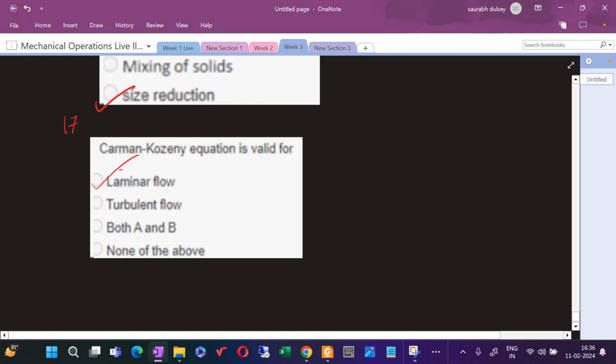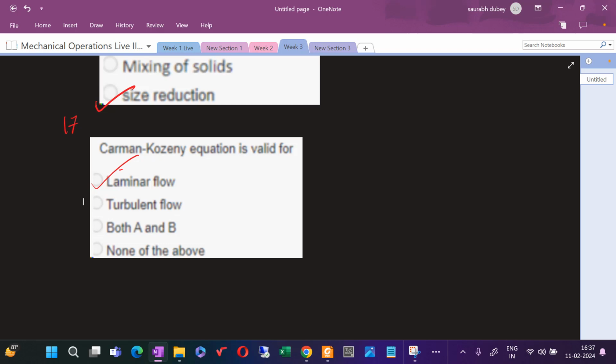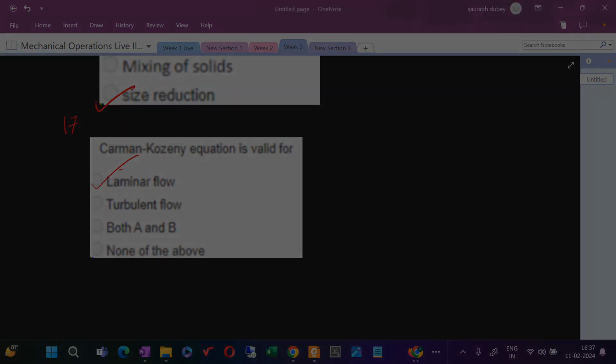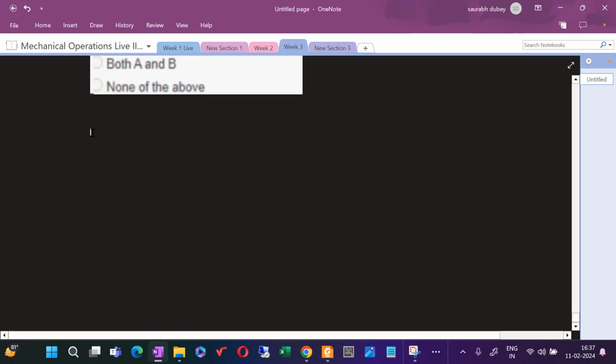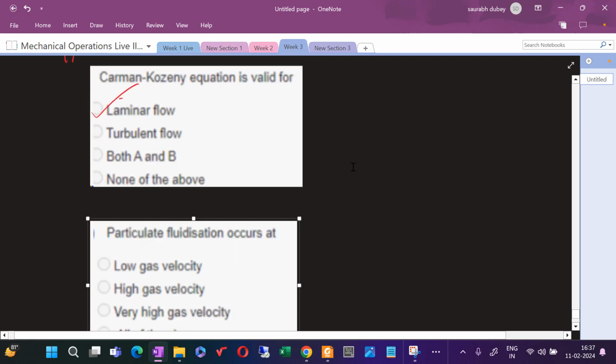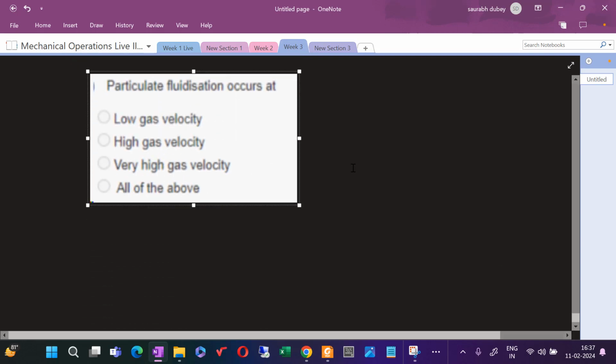And particulate fluidization occurs at low gas velocity, high gas velocity, very high gas velocity, or all of the above. Which of the following is the correct answer?